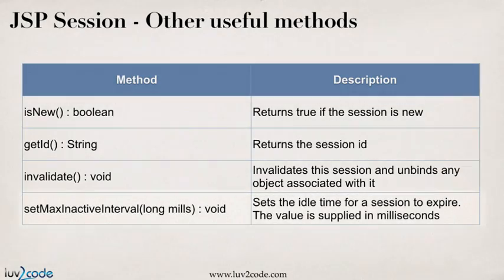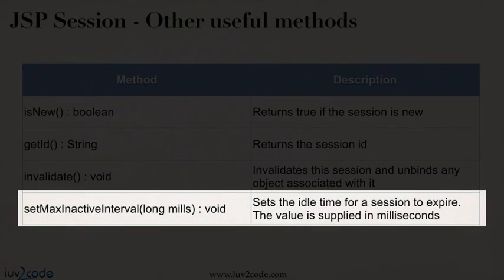And then finally, you may wonder, well, how long does a session stay around in memory? Well, basically it stays around for a certain idle time period or an inactive interval. So by default, on the Tomcat server, the inactive interval is set for 30 minutes, but it varies by server. So you need to check your server documentation for that. But you can explicitly set the inactive interval.